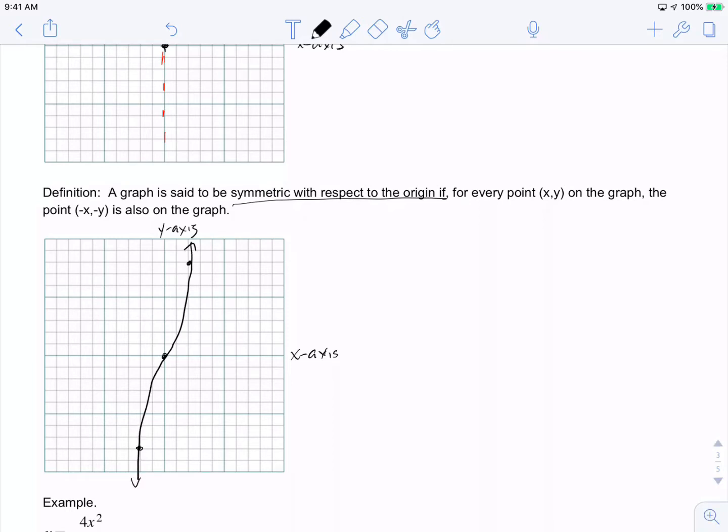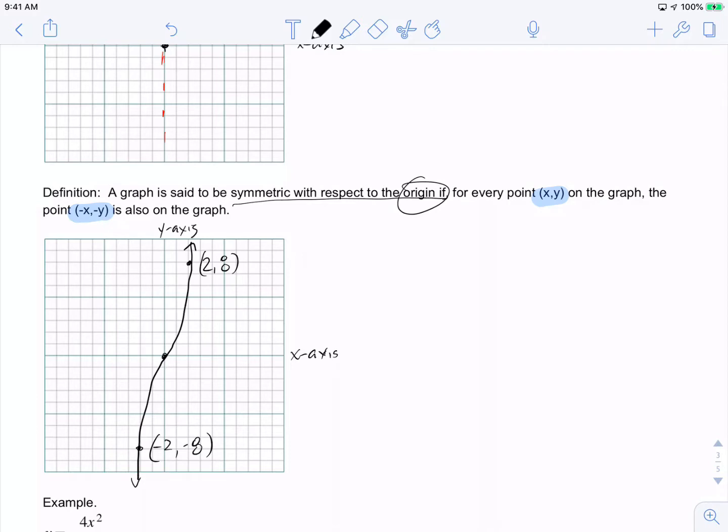Here's this curve. This point is (2, 8). This is (negative 2, negative 8). And we can see it's precisely doing what the definition says. It's (x, y) here. It's (negative x, negative y) there. This is symmetric about the origin. And this is what the definition says to do.